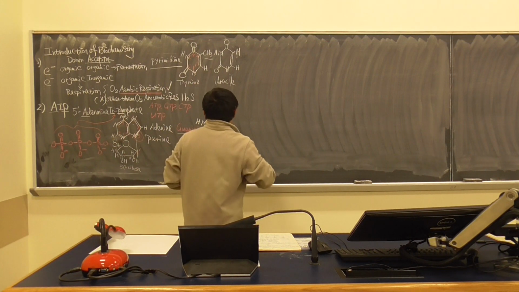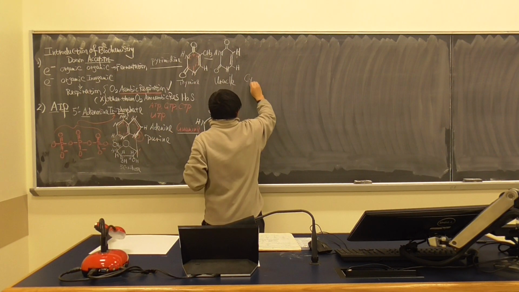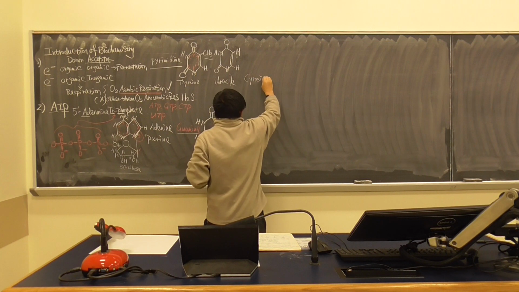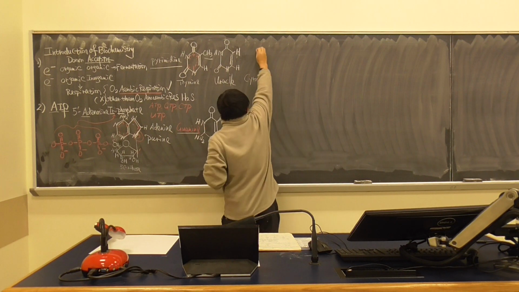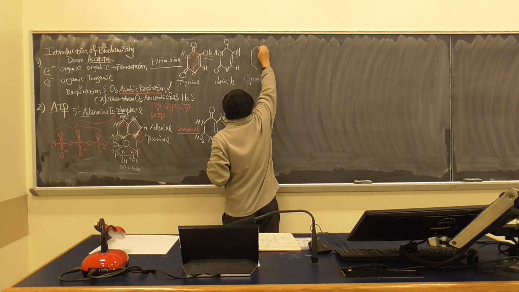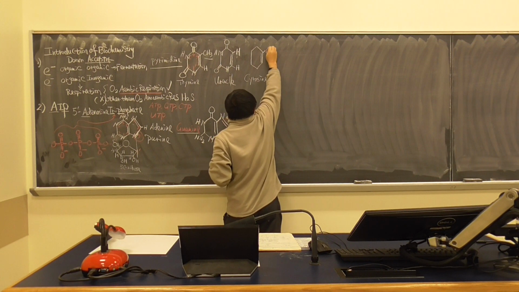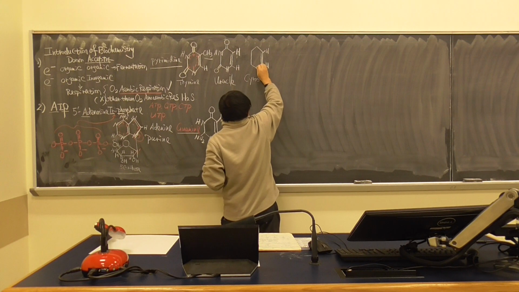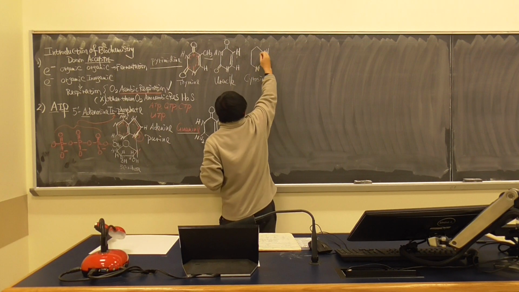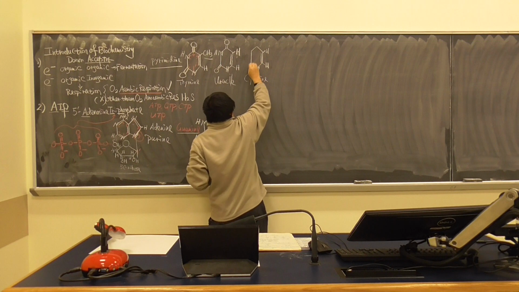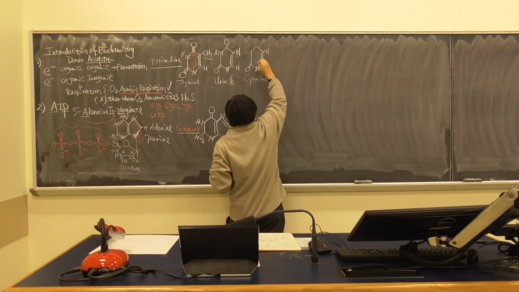Now we have another one, which is cytosine. What does cytosine look like? Cytosine is a little bit different, but basically it's still the same. Here are the same. You have a 2H, you have this N, and you have a carbonyl here. It's the same thing.